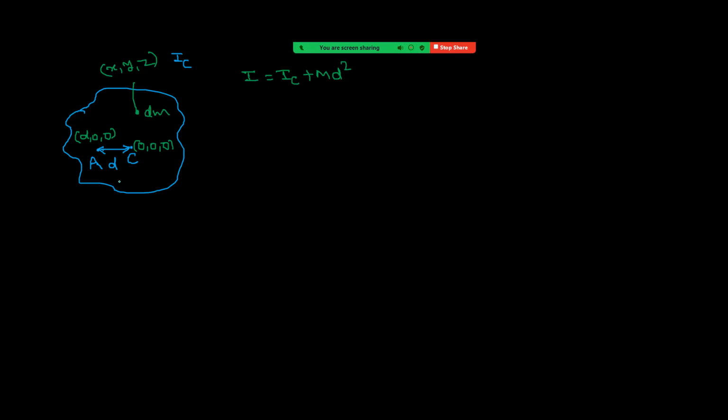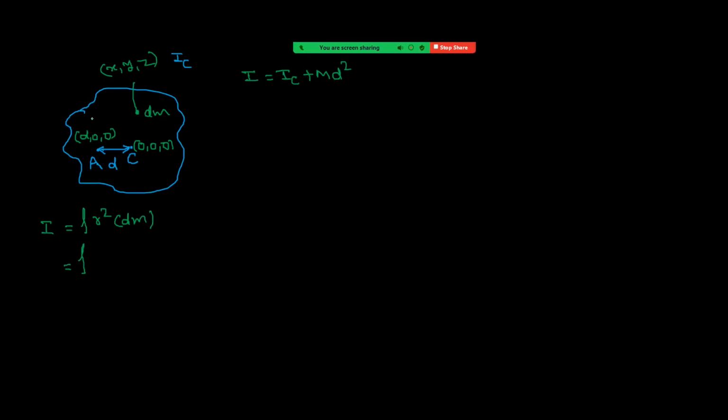Let us see what we can do. About A. See distance of this point mass. So here what I have to do is I equal to integration of r square dm. This is now definition part, right? Integration of, in the place of r square, see distance means how much?